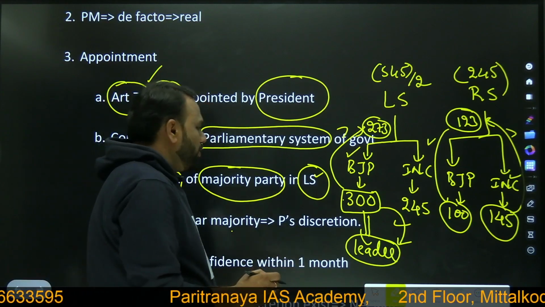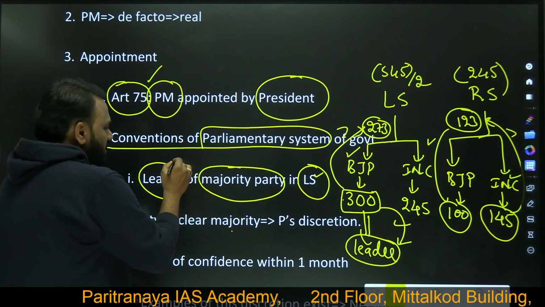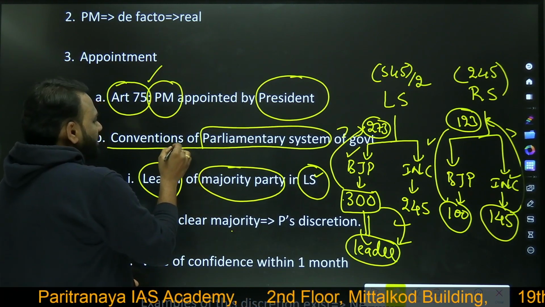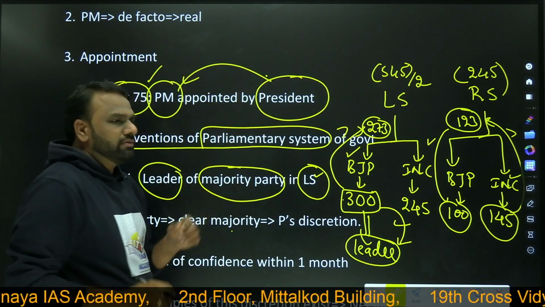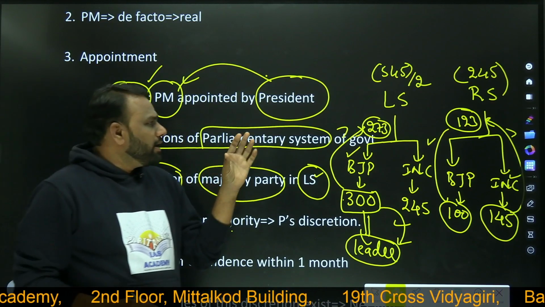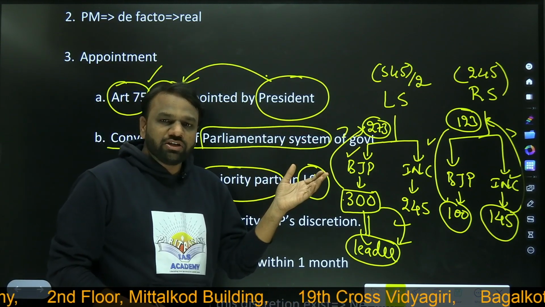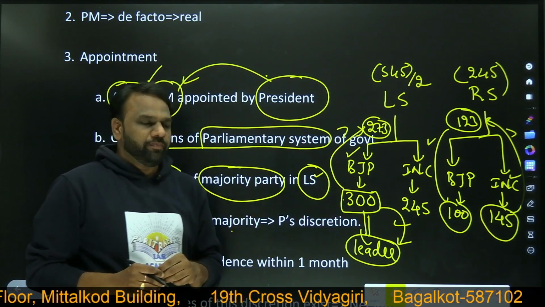When the leader of the majority party is fixed, that person will be appointed as Prime Minister by the President. Modi ji was appointed by the President because he was chosen as leader of the BJP, the majority party.